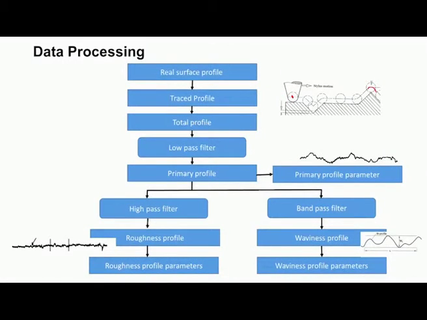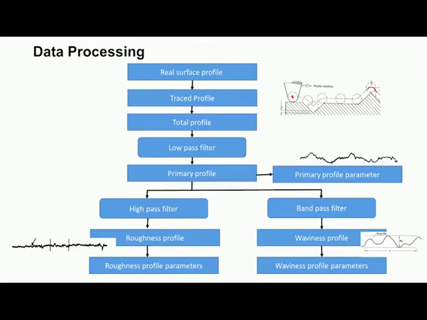If we pass the data obtained in this total profile via this low pass filter, then we get the primary profile, which has waviness as well as roughness. The form error has been removed, and then again this data should be passed through a high pass filter, so that waviness can be removed, and now we get the roughness profile. You can see here all the waviness has been removed, only roughness parameters we get here, roughness profile parameters we can obtain.